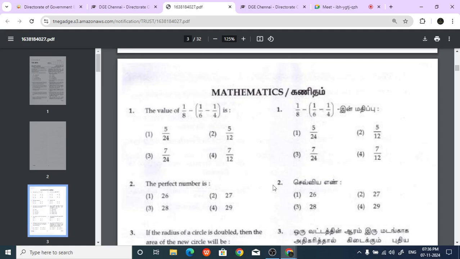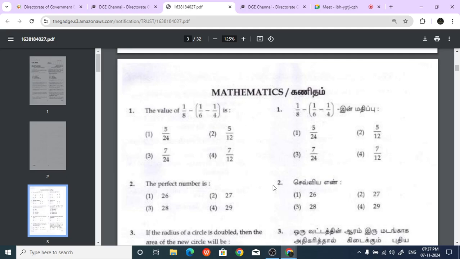Here in this case, you have to simplify inside the bracket first, so you have to do 1 by 6 minus 1 by 4. How much are you getting? Somebody said negative 1 by 12.